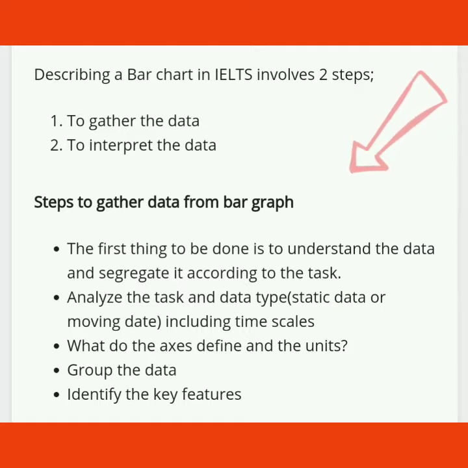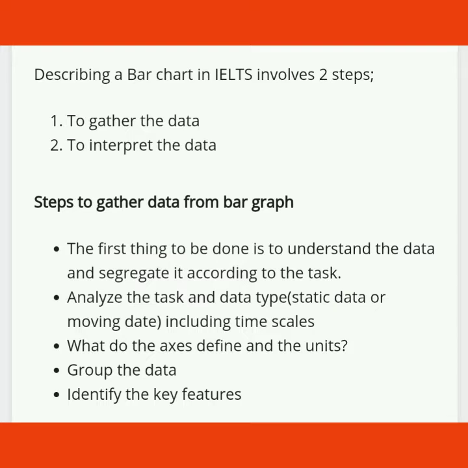The first thing to be done is to understand the data and segregate it according to the task. Number 2, analyze the task and data type, whether it is static data or moving data, including time scale. Next, what do the axes define and the units?